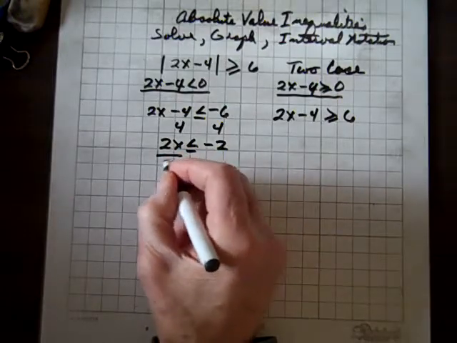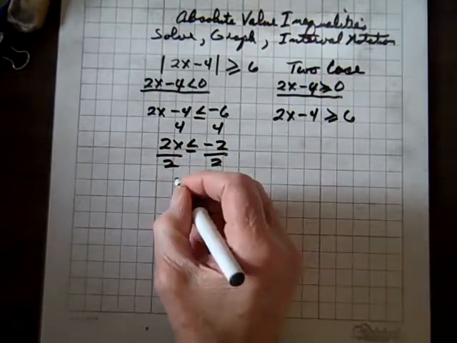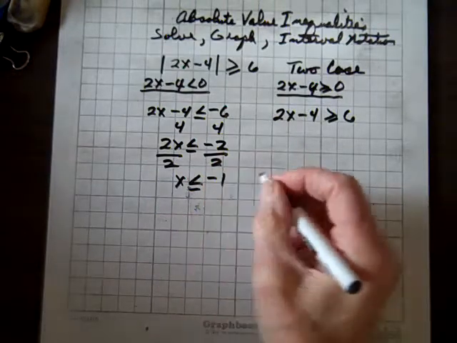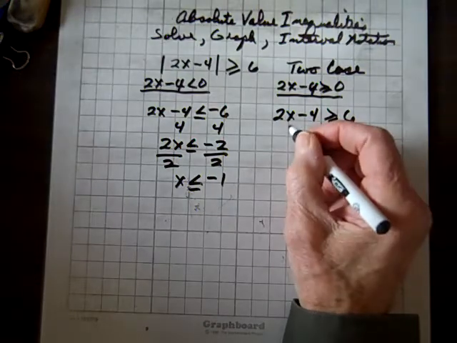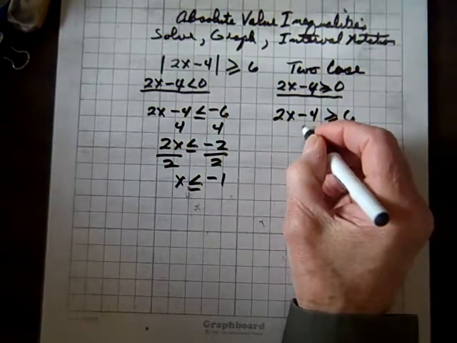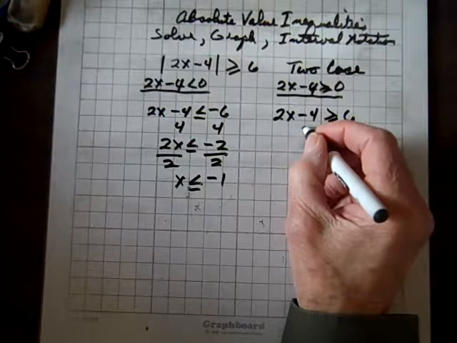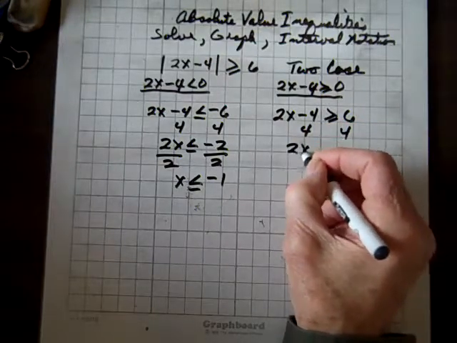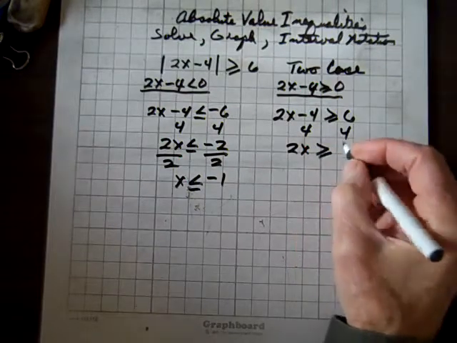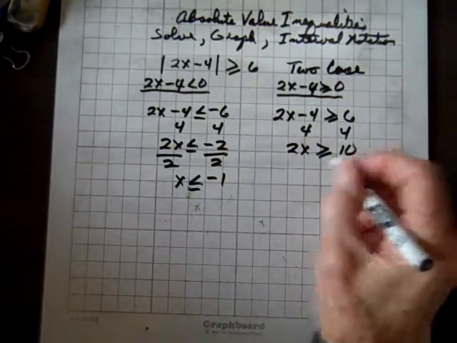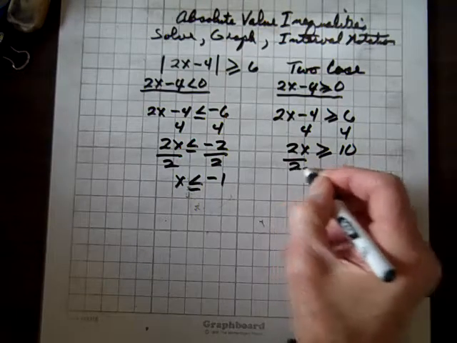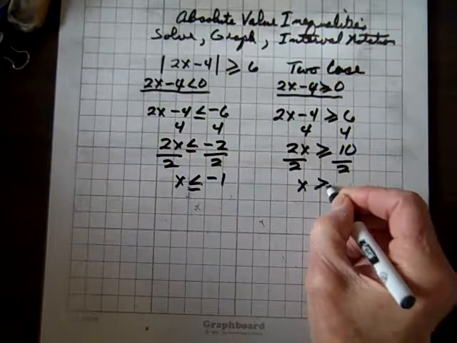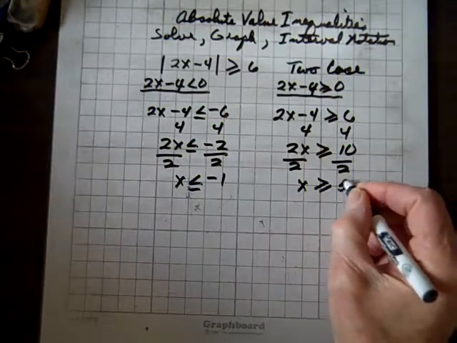And now we'll divide both sides by 2, and we get x is less than or equal to -1. Now let's do this one. And so we'll add 4 to both sides. And now we have 2x isolated, and that's going to be 4 and 6 is 10, isn't it? So then we'll divide both sides by 2, and we get x is greater than or equal to 5.